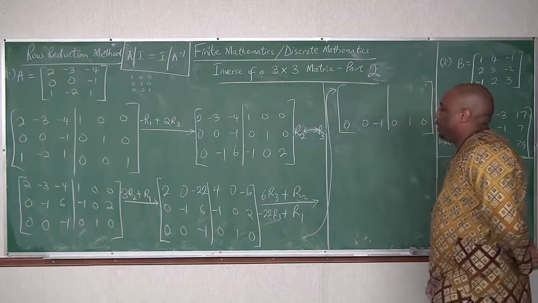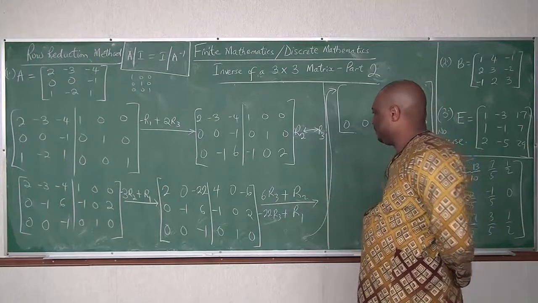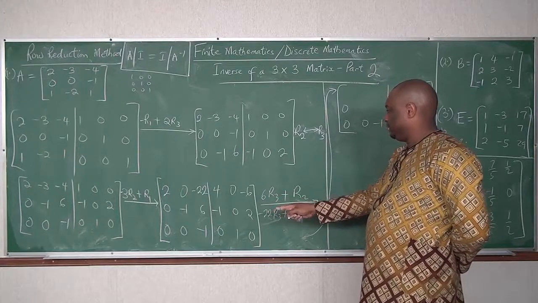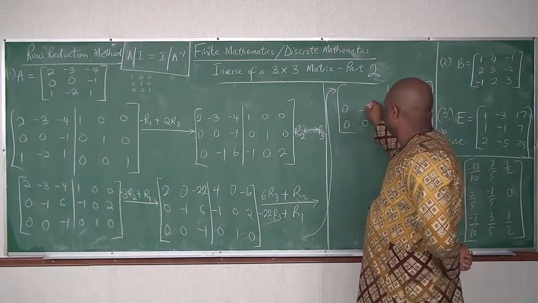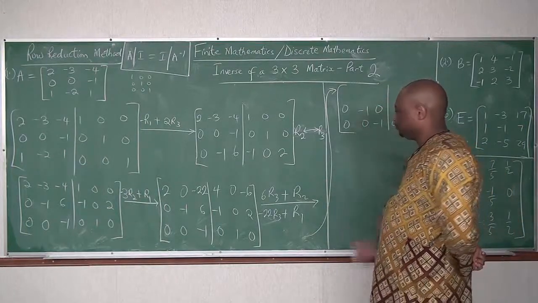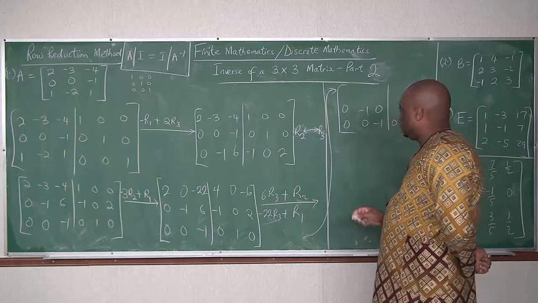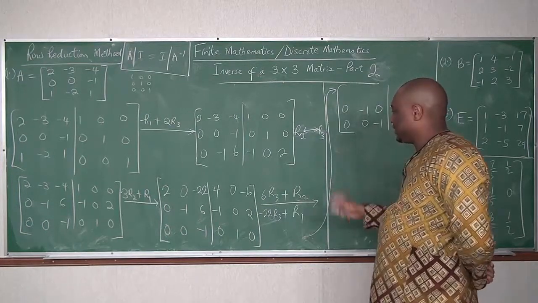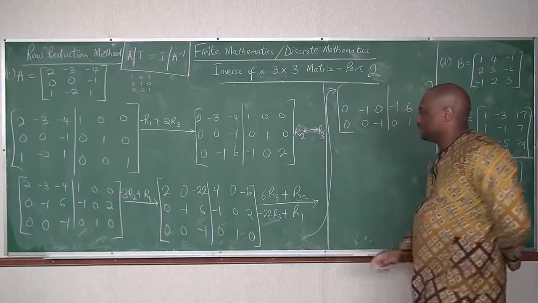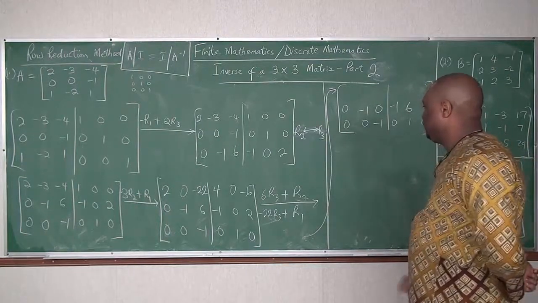Then R2: 0, 0 is going to be 0. 6 times 0 is 0, plus negative 1 is negative 1. 6 times negative 1, negative 6, plus 6, 0. 6 times 0, 0, minus 1 is minus 1. 6 times 1, 6, plus 0 is 6. Then 6 times 0, 0 plus 2 is 2.